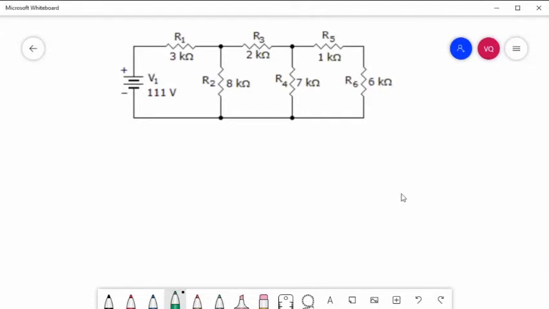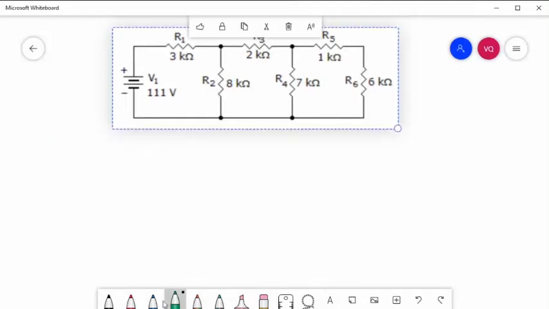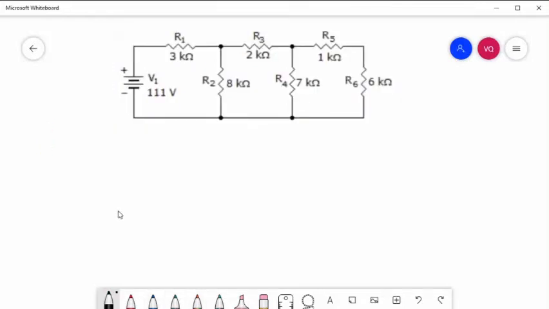Next example. For this circuit, we are going to solve RT, the total resistance, and the branch circuit currents.